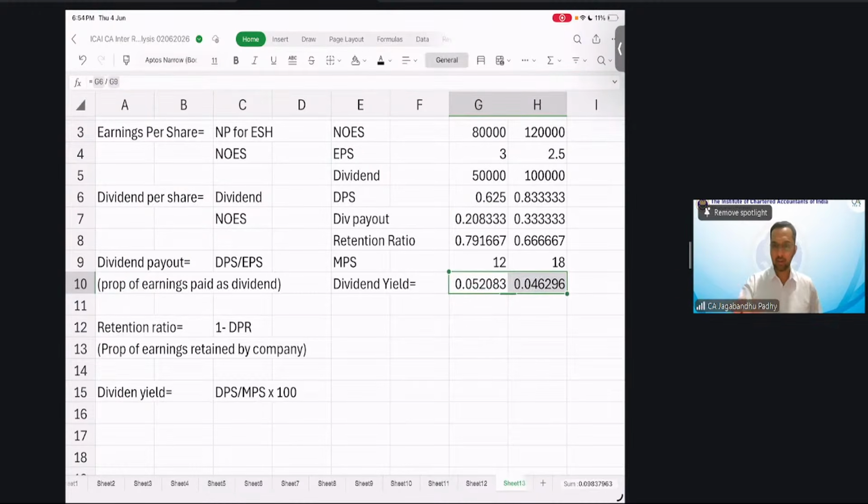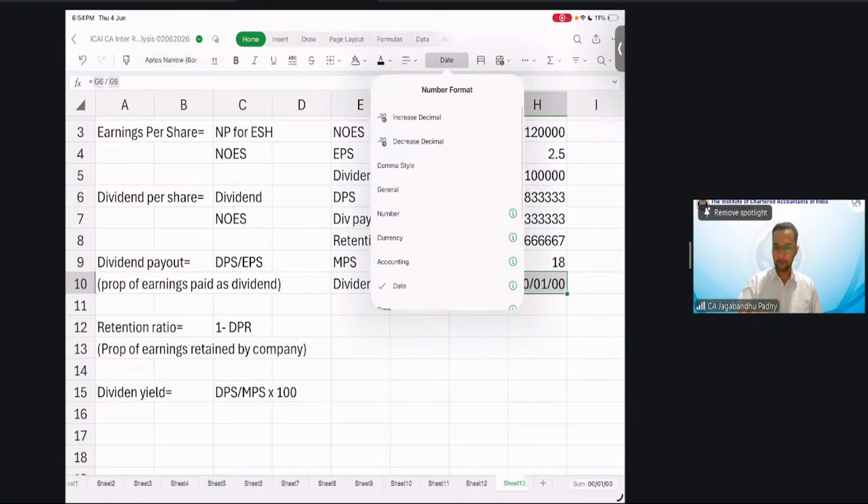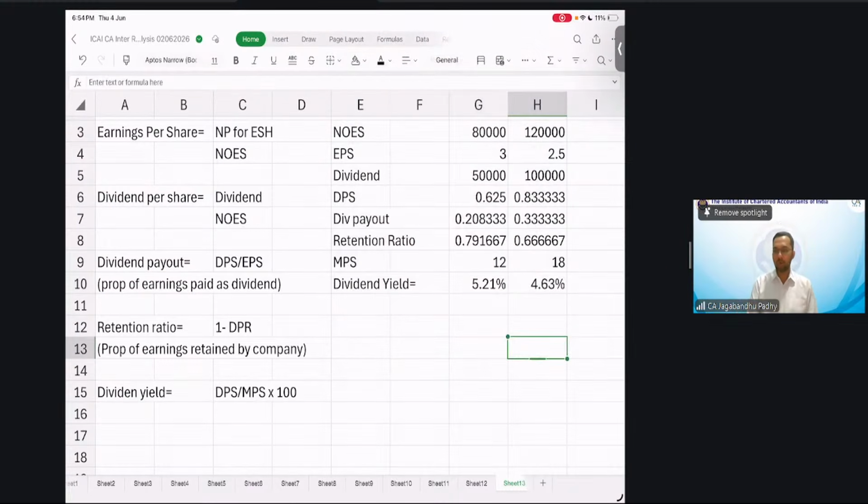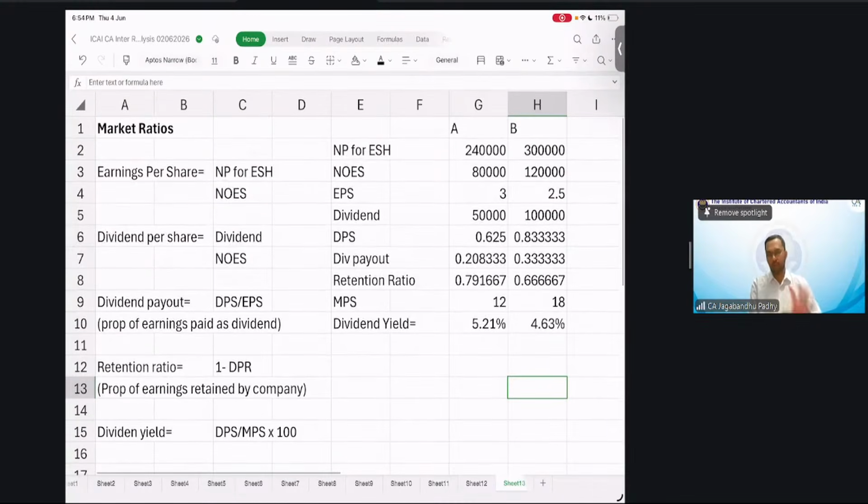So we are essentially earning 5.21% in company A and 4.63% in company B. Got it, guys? The dividend yield is 5.21% and 4.63%.